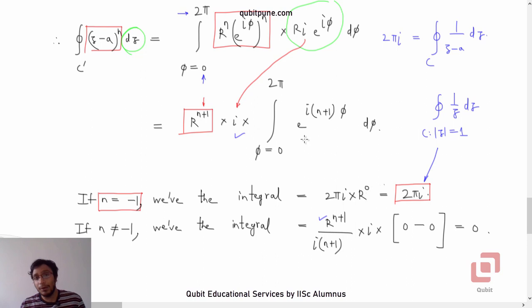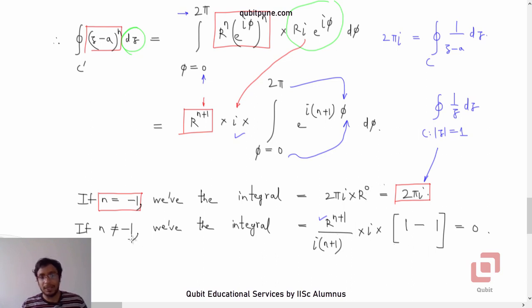However, this time, because n is an integer, if we substitute phi as 2 pi and phi as 0 here, both will produce the same value, because any integral multiple of 2 pi has cos 1 and sin 0, so both 2 pi and 0 will produce 1, and then 1 minus 1 will be equal to 0.